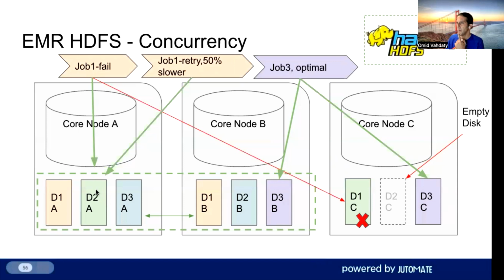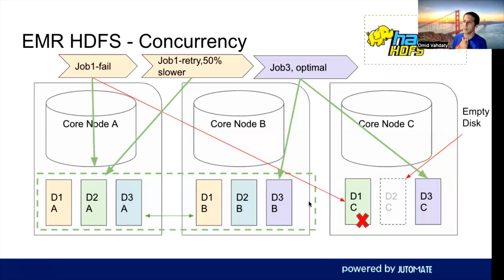It has another copy, but the job failed because it tried to access the disk which no longer exists. So it throws an exception and retries. The retry will work 50% slower because now there's only one copy of the file, not two, so only one machine can answer the job, not two.